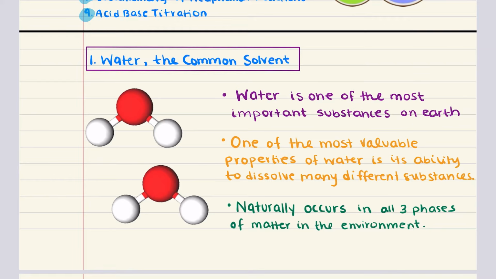So, in recent years, contamination of the groundwater by substances like chloroform and nitrates have been publicly talked about. And water is essential for life.